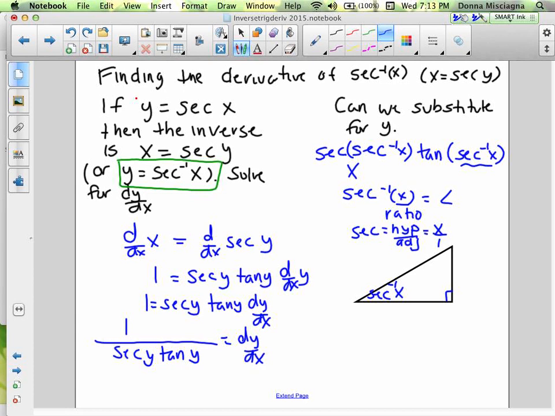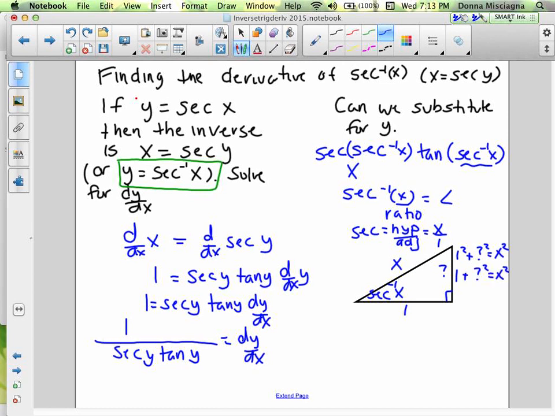So now, not only do we have an angle in this triangle, we have two sides. The hypotenuse is x, the adjacent is 1. How do we find that opposite side? We could use the Pythagorean theorem. So 1 squared plus question mark squared equals x squared. 1 squared is 1, so 1 plus question mark squared is x squared.